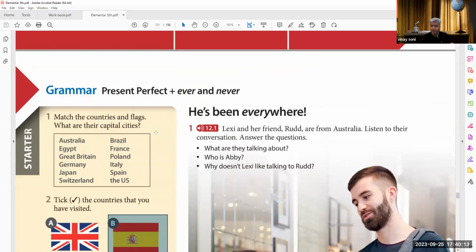Lexi and her friend Rudd are from Australia. Who's from Australia? Lexi and her friend Rudd, okay, are from Australia. Listen to their conversation.